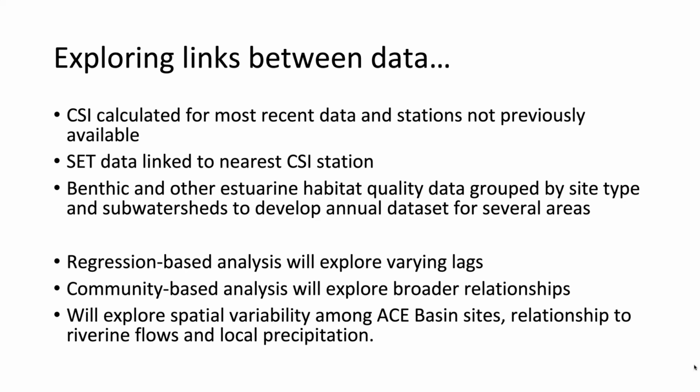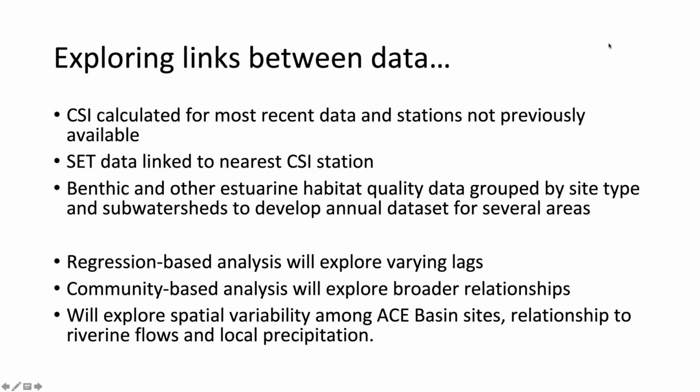In terms of analysis methods, we'll use a standard regression-based analysis approach, but we'll explore this in a multivariate context, and we'll also use varying lags to capture any differences in ecological or environmental response that may exist. We'll also do some more community-based analysis, specifically PRIMER, if you're familiar with that, to explore some of the broader relationships that might exist.